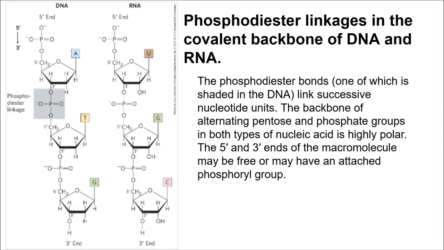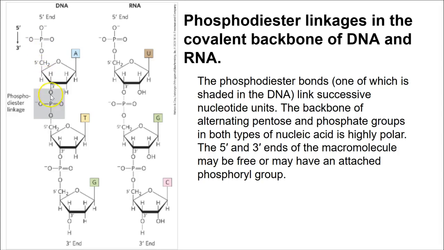And so when you see DNA having that 5' to 3', that 5' is associated with the carbon on the pentose ring. Remember, you start numbering the carbons 1, 2, 3, 4, 5. On that fifth position, you have the phosphate group, so that's why you have a 5' end.